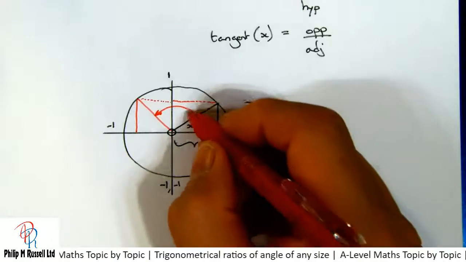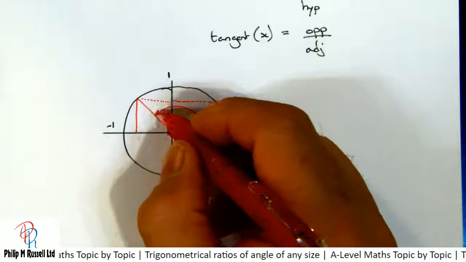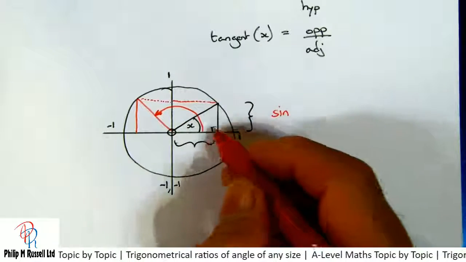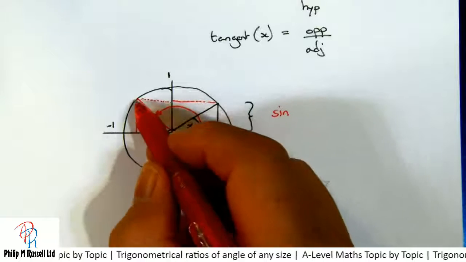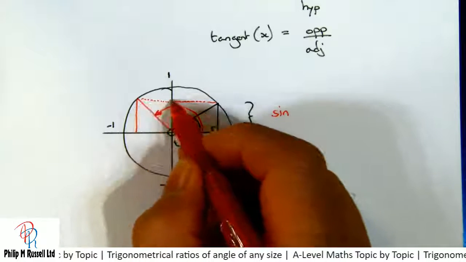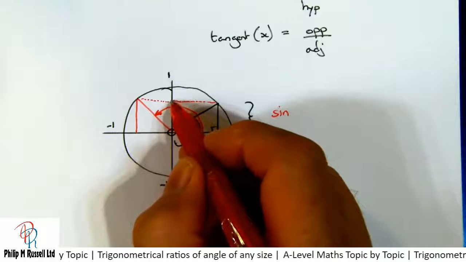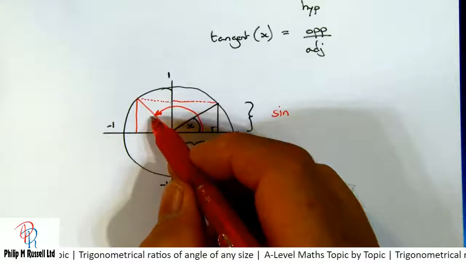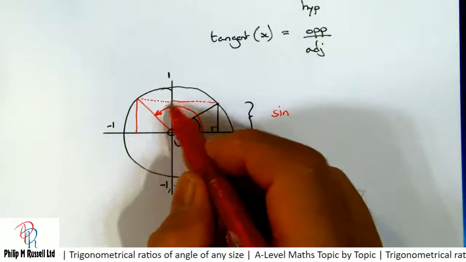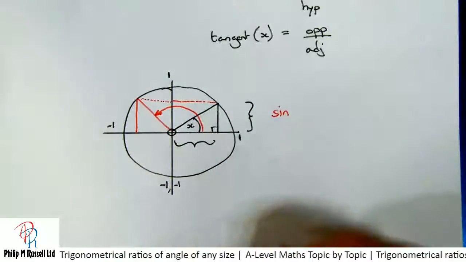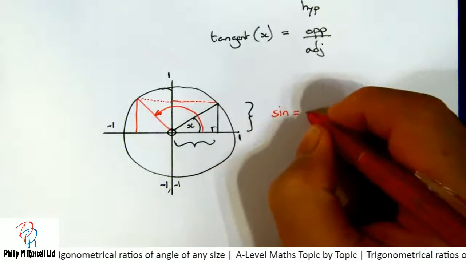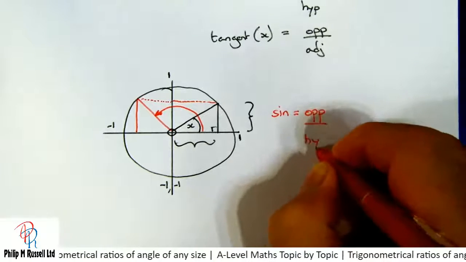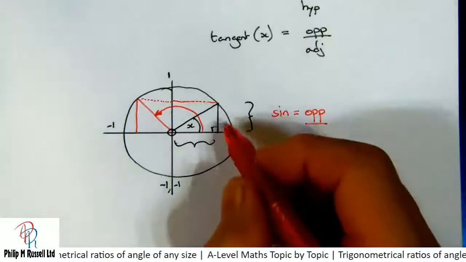If I continue this angle and make this angle now an obtuse angle, then if I read this number here, it's still going to be a positive number. It will be, of course, negative here, but let's see what we need to know for sine. Sine is going to be the opposite over the hypotenuse.